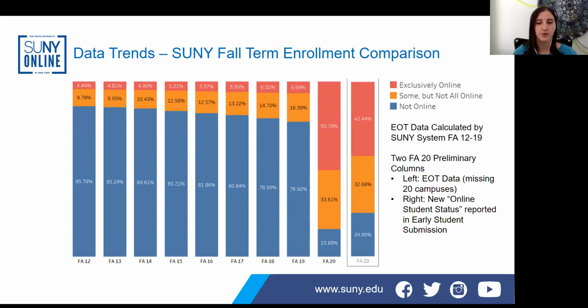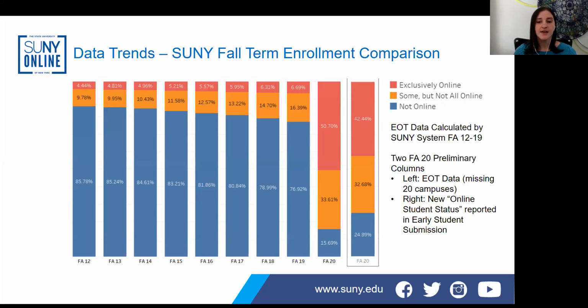Same type of data that's reported to IPEDS. We're keeping with that same style. So you can see the increases across the top. The red is exclusively online. So you'll see that that has increased over time. And you'll see that the orange, which is some but not all online. So again, students are taking both in-person and online courses.